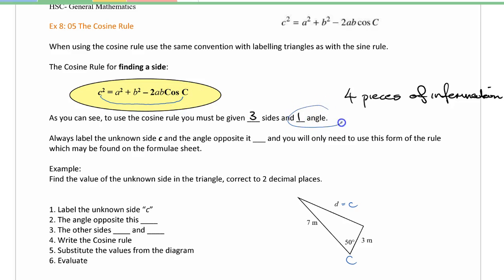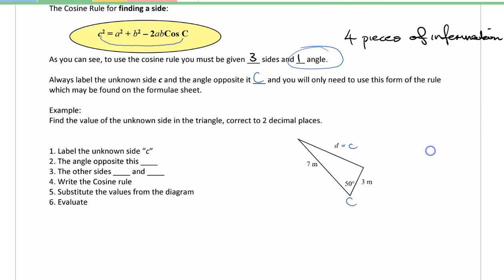We only have one angle, and you find the side opposite that angle using this cosine rule. So we name the unknown side c and the angle opposite capital C.